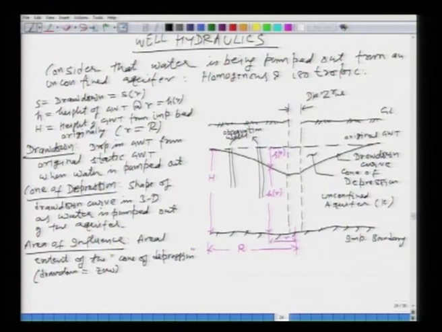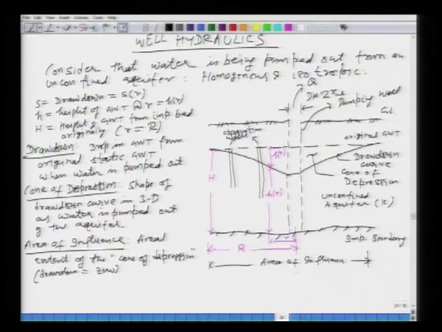All right. So, here let me say this is your pumping well, okay, and you are pumping a certain amount of water Q out of this, and we are interested in finding that out. Okay. And then this area of influence will be this whole thing. Okay. So, if you look at this aquifer from the top, a cross section, you will see a circular area, all right, that is called the area of influence.